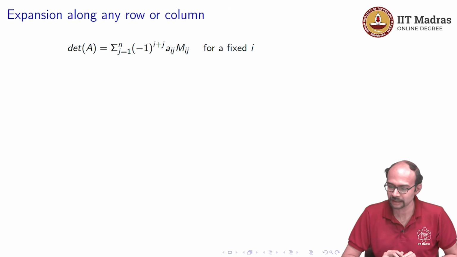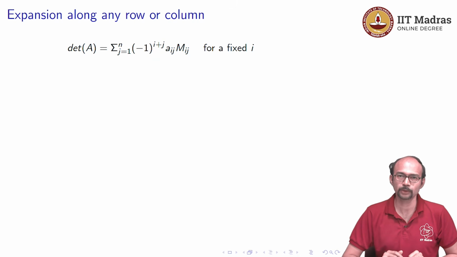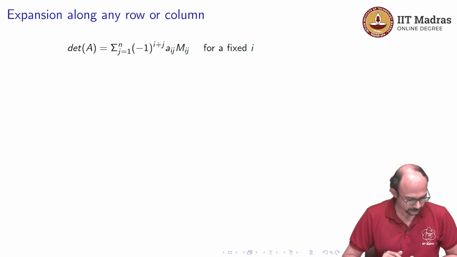So, when i was 1, we had minus 1 to the power 1 plus j A1j M1j. Yeah. So, now what we are saying is we can replace that 1 by i, and the formula works equally well. Okay. So, the expansion along the first row was the definition that we are going to use, and what we are saying is it does not matter whether you use 1 there or any other row, you can expand along any other row. Okay.